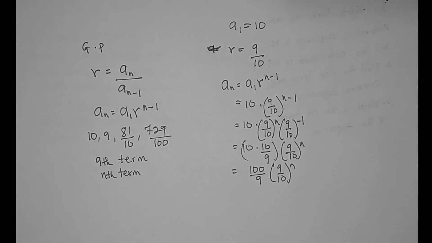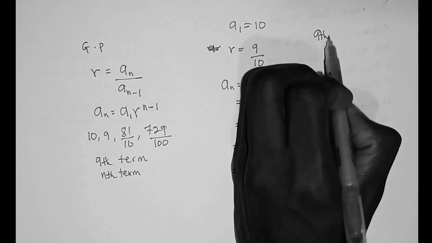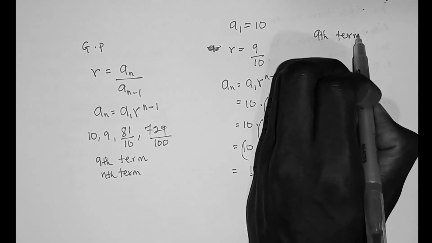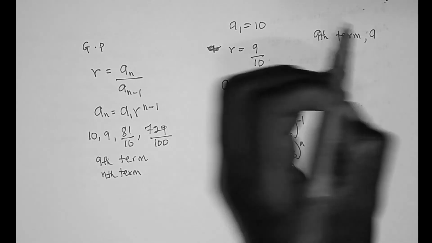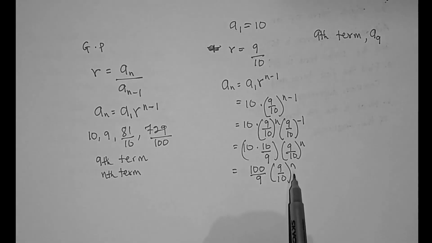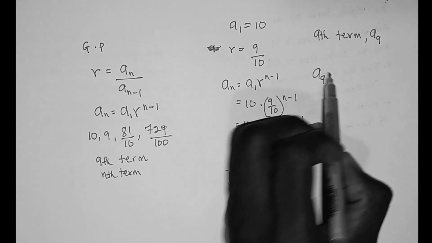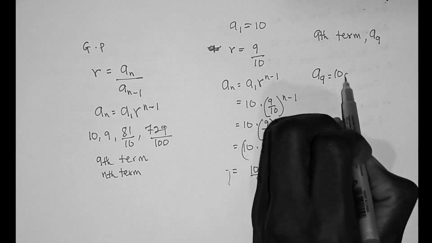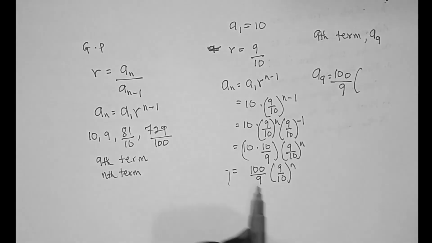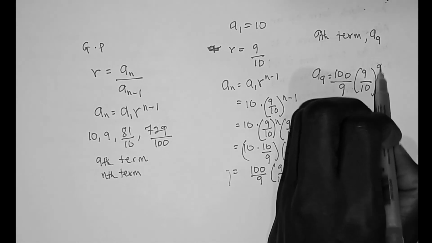So the question says that we should find the 9th term. So the 9th term is A9. What we will do is that wherever we see n in the nth term, we just replace it by 9. So A9 is equal to 100 divided by 9 times 9 divided by 10 exponent 9.